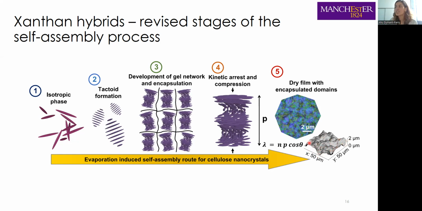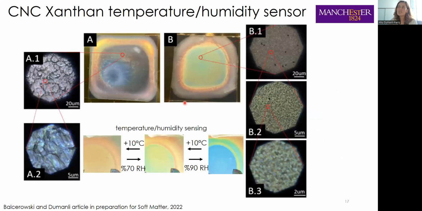And one more thing that I want you to pay attention to is the roughness of these films. So while this is all compartmentalizing the system, the compartments themselves are also rough. So we still have the CNC films, as you can see, large domains, and a surprising finding is very uniform looking films.